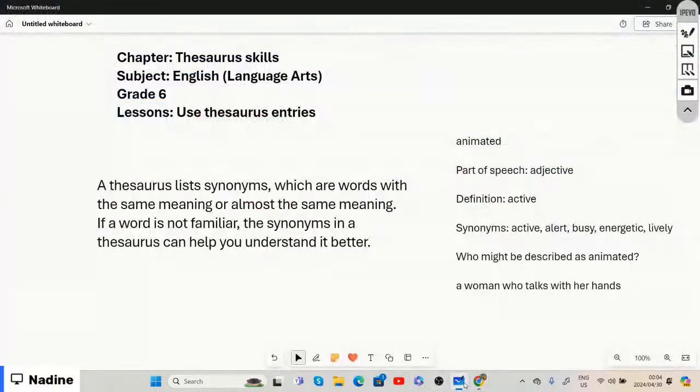All right, so our chapter is thesaurus skills. Our subject is English language arts, grade 6.